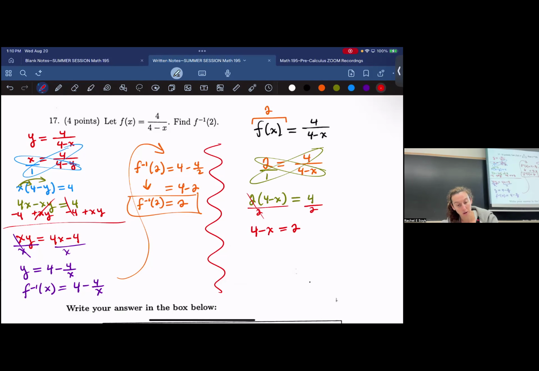And then if you add x and subtract 2 on both sides, you get x is 2 again. And this is just another way to solve for your solution by understanding the definition of your inverse. And it'll save you some time.